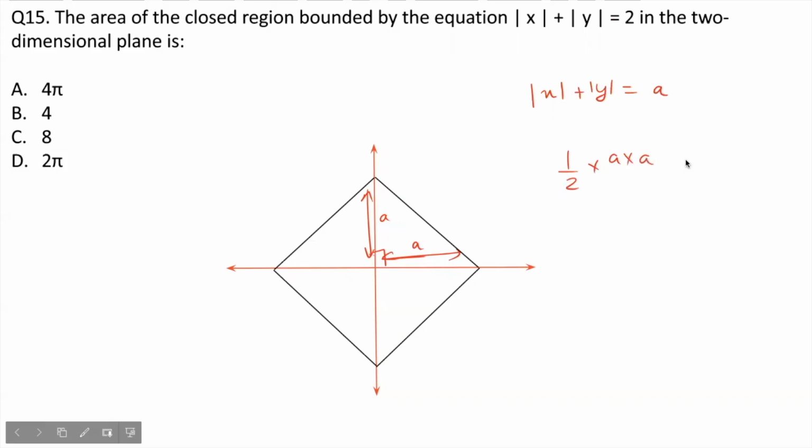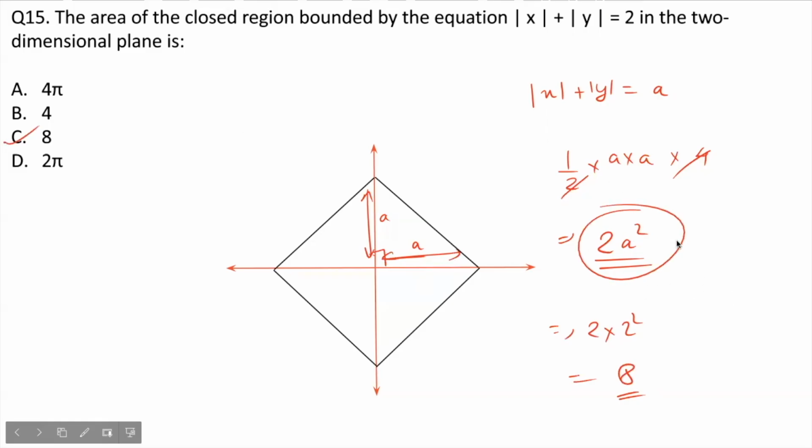Like that, we have four such triangles. So area will be 4 into this value. Now we have a quick shortcut for all these questions. So if you have mod x plus mod y is equal to 2, the area which you require will be 2 into 2 square. That's 2 4s are 8. Option C. And that's exactly how I personally solved the question in the exam, 2a square. I could probably get the answer in 3 to 4 seconds. That's all. The answer is option C.